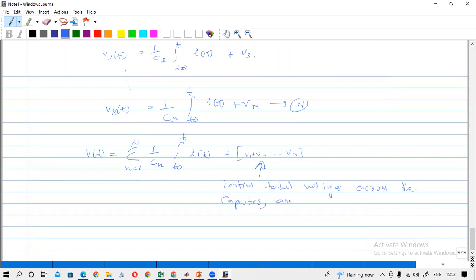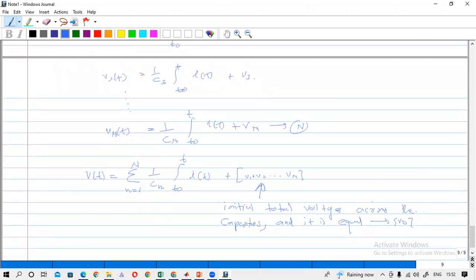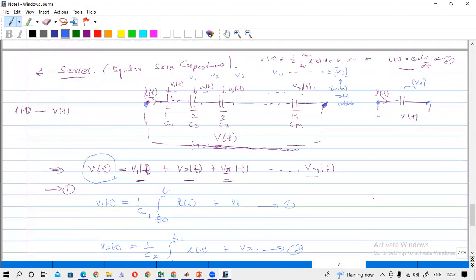If you consider the resultant capacitor, that one also should have the V naught initial charge.